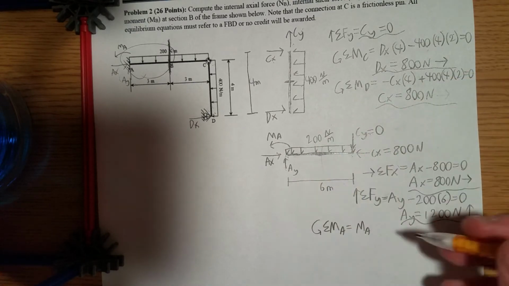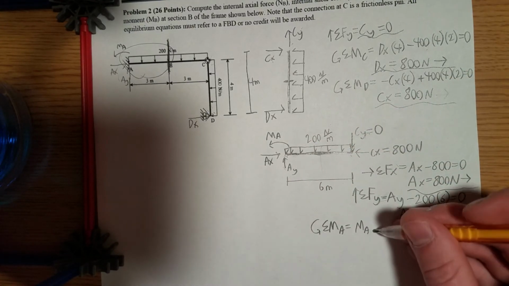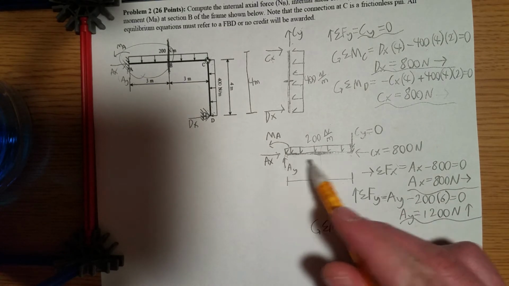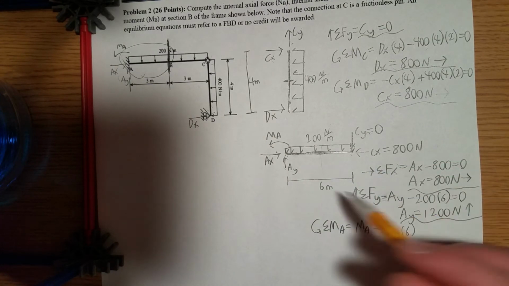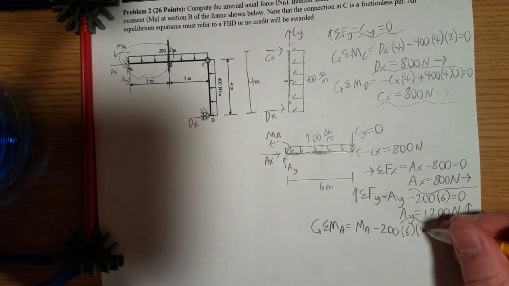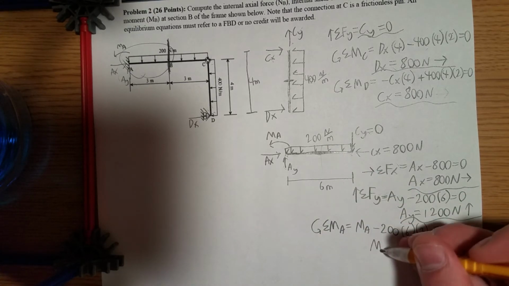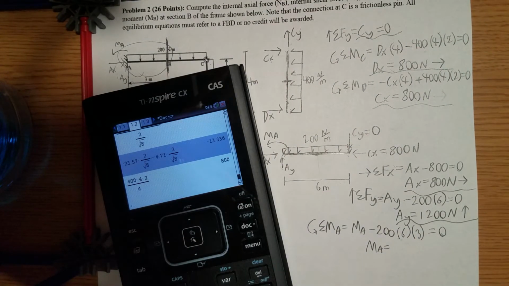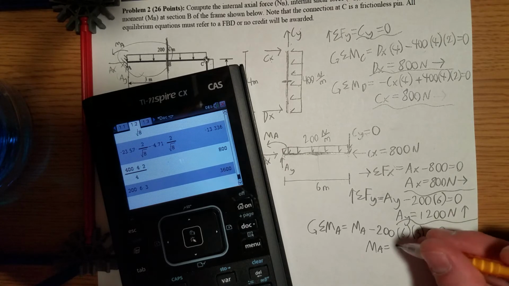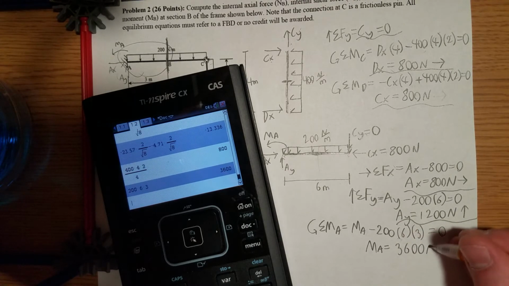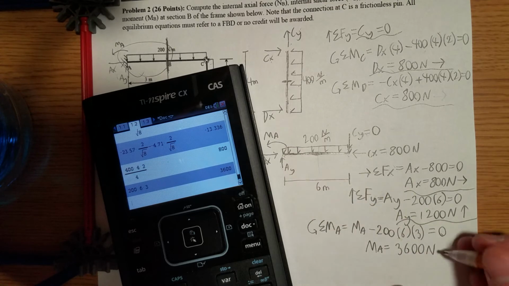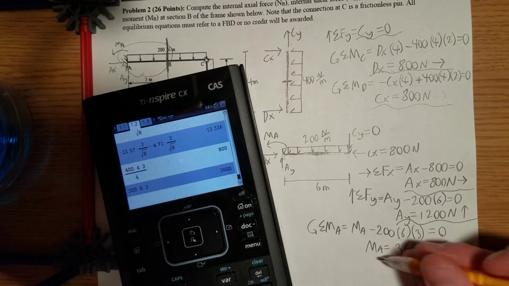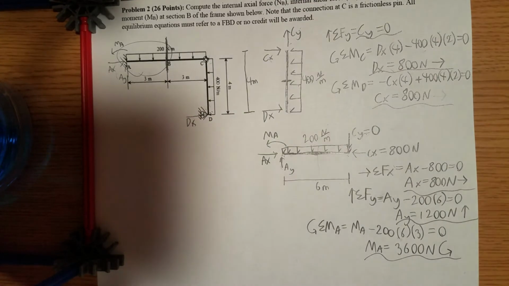So all we have is this distributed load, and it would be going clockwise, so minus 200, and the whole force of it is going to be times 6, and then it would be acting at halfway there, so 3, and that's equal to 0, and therefore MA is going to be equal to 200 times 6 times 3, and so it's going to be 3,600 newton meters, and the way we drew it was correct, so we're going to go ahead and draw it like that. And those are our reaction forces that we need.